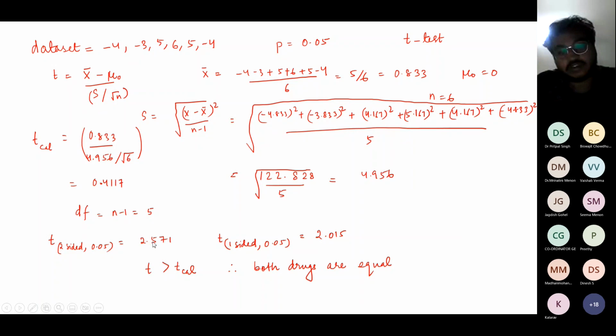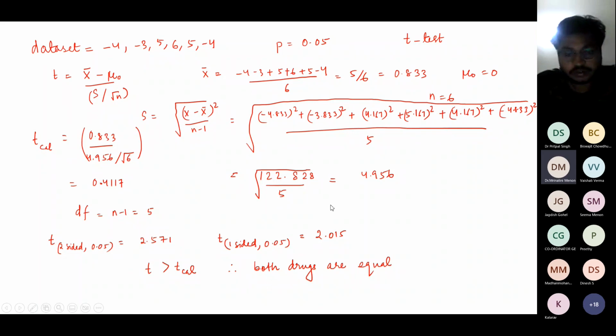And if you find a difference, then you should go for a one-sided test to see which direction the difference is in. Since nothing is mentioned, it's better to check for both. And in this case, both of them fail. So in most of the questions, we'll do it like this, we'll test both two-sided and one-sided.